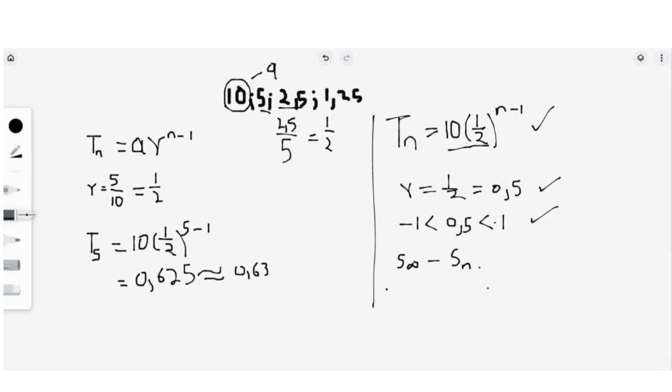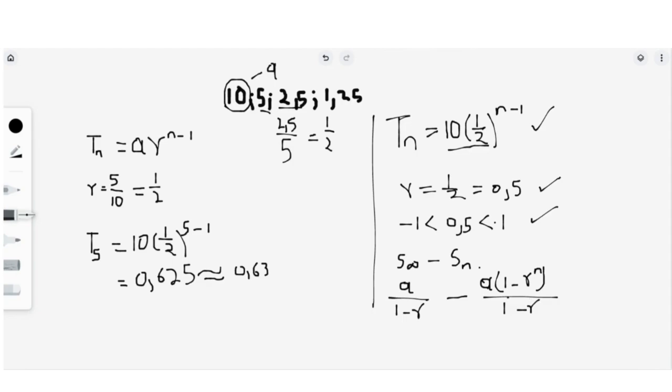The formula for S infinity is a over 1 minus r, and that of Sn is a into 1 minus r to the power of n, all over 1 minus r.